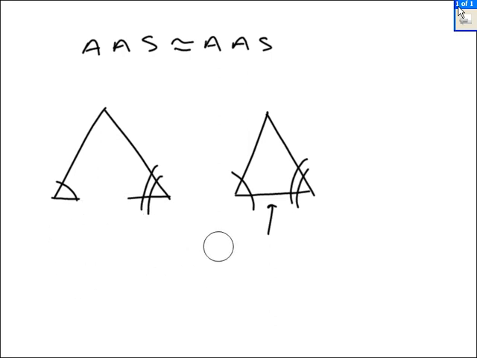We have two other sides other than the one in between these two angles. We can have those two equal or congruent, or we can have these two congruent. If that were the case, then triangle 1 and triangle 2 would be congruent.